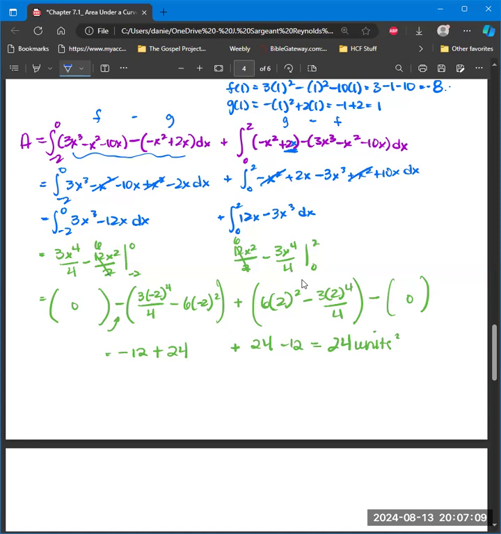So everything has the opposite sign here is what's going on. So this is going to be the integral of 12x minus 3x cubed dx. And we're going to integrate that and get negative 3/4 x to the fourth plus 12x squared over 2, which is going to be 6x squared. And we see opposite limits here.